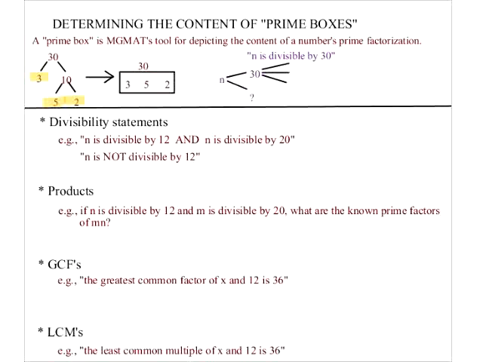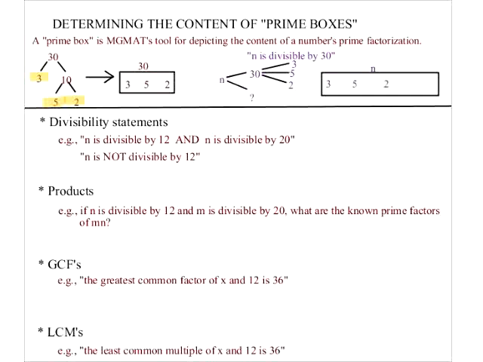But our students find consistently that it's much more helpful if we use a box in this type of situation. So we would say n is divisible by 30. This time we know that there are prime factors of 3, 5, and 2.